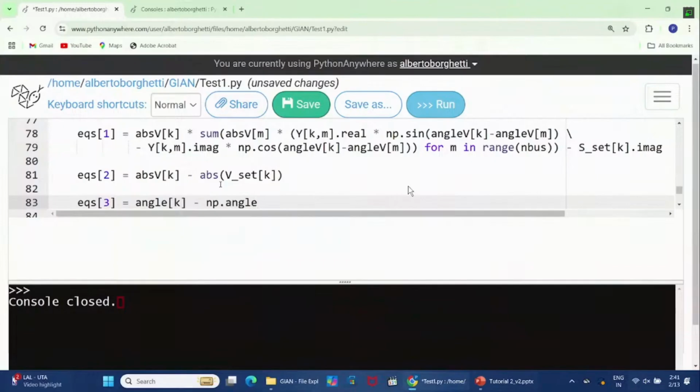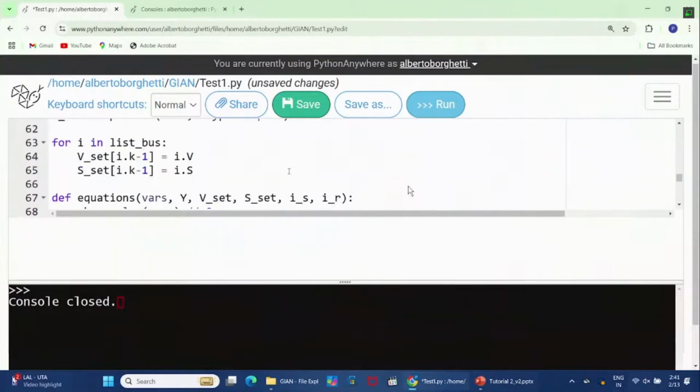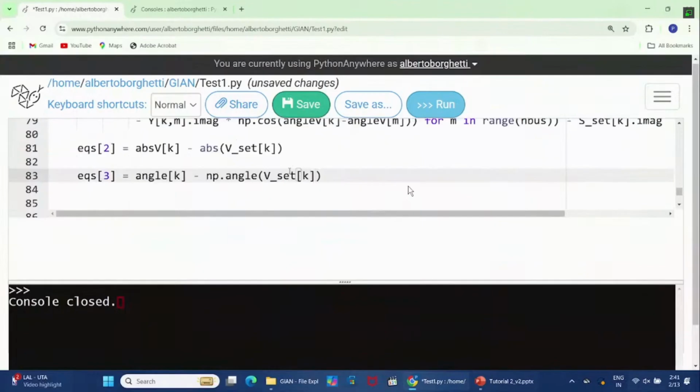This is a NumPy function that extracts the angle from a complex number. np.angle, and in parentheses V set, always in bus K. Is it reasonable? We can also print these.